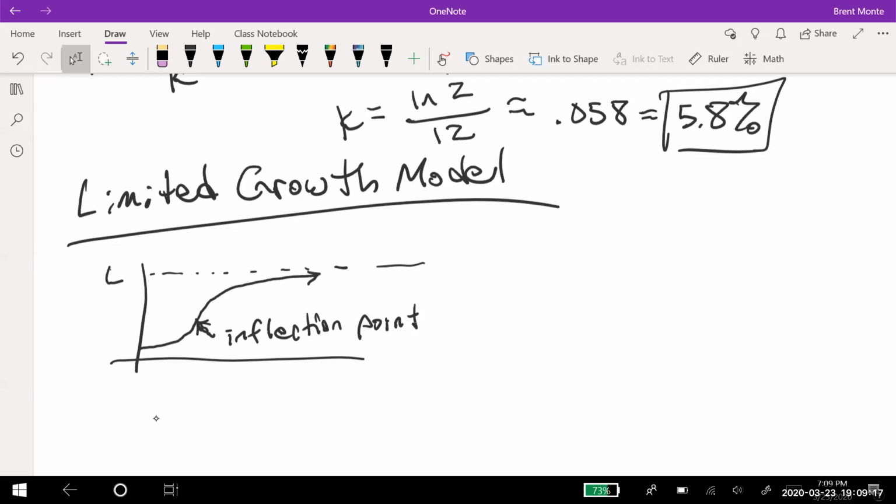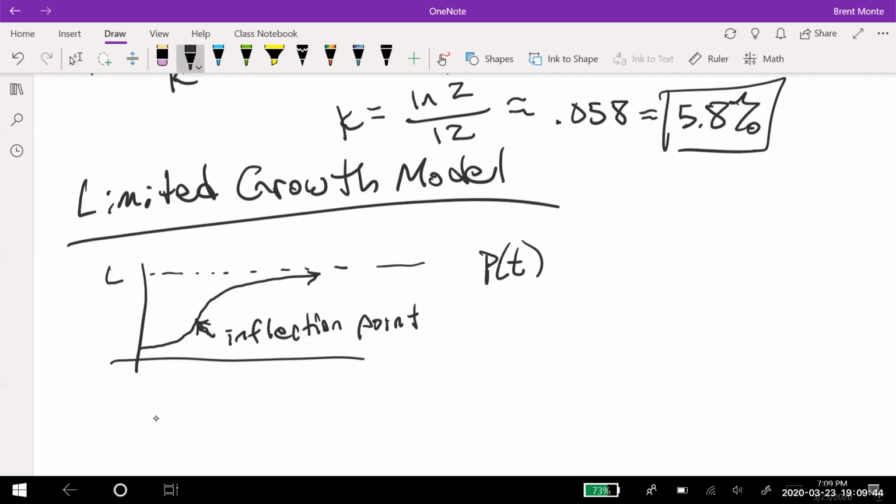All right, so we're going to look at this. The way this model looks is a little bit different. You don't have to remember what the model looks like. They will show you specifically in the problems what the limited growth model looks like. They'll give you the formula. But let me give you the basic idea of the formula. They use this a lot in populations.